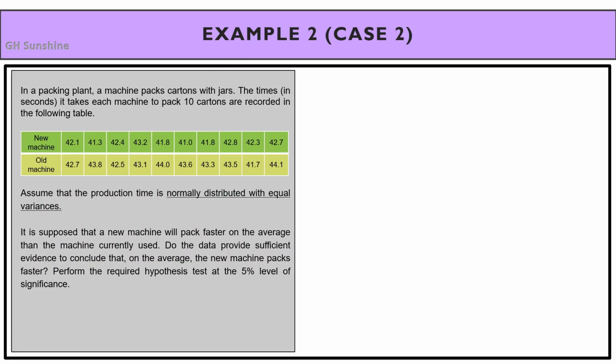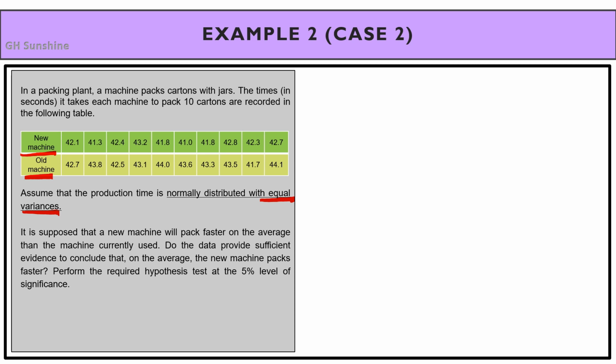First, let's focus on second case. In a packing plant, a machine packs cartons with jars. The times it takes each machine to pack 10 cartons are recorded in the following table. So this one, new machine and old machine. Assume that the production time is normally distributed with equal variances.